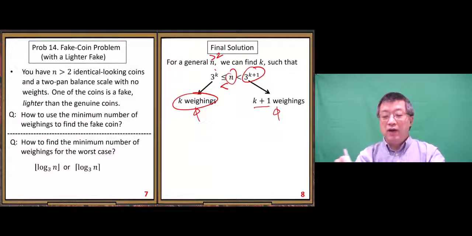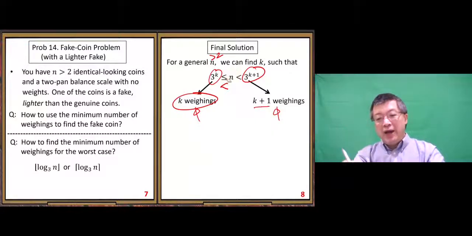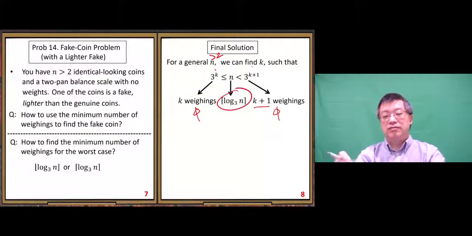So one of these 2 numbers, but n is greater than this one. So it may not be possible to use k weighings to solve this problem. Based on that, we guess it's very likely it should be the ceiling function.